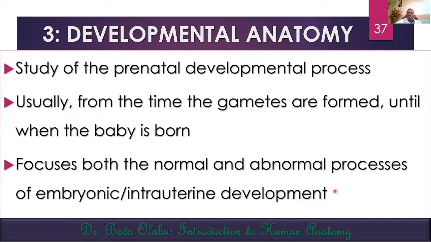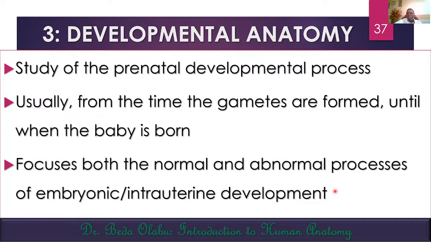For example, if a child is born and they don't have a brain, how do we explain that? If a child is born and they don't have one of the limbs, how do we explain that? So this is the division of anatomy that helps us to understand the basis of those birth defects.